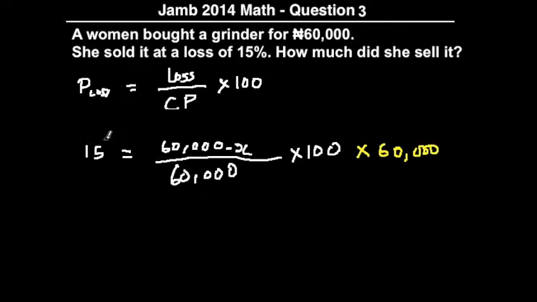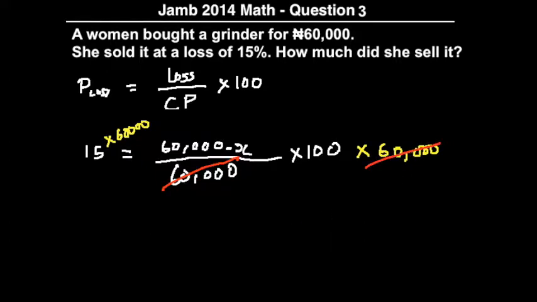And we're going to multiply this side by 60,000. Then this allows us to cross out the 60,000 from the denominator on the right side.